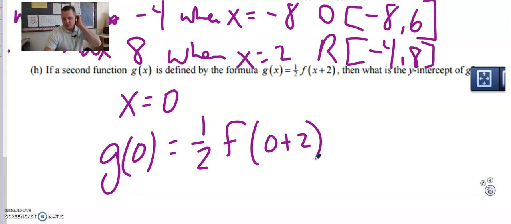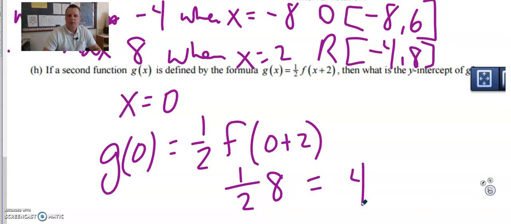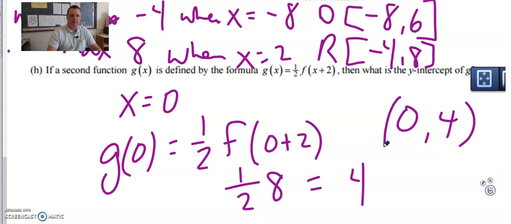You rewrite the equation, just put 0 in for x. So then you find f of 2. So you look at your graph, f of 2 has an output of 8. So then you have 1/2 of 8, which equals 4. So the y-intercept is (0, 4). That would be the y-intercept of the second function.